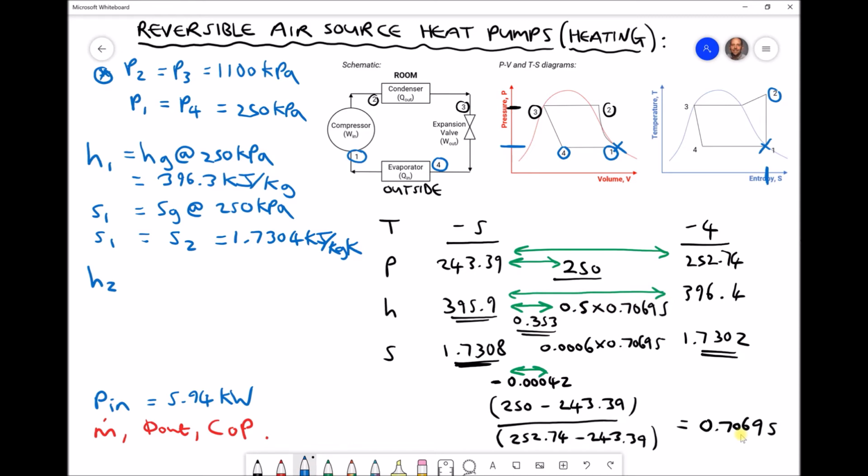Well, if we refer to our temperature entropy diagram, we know that position 2 is superheated vapour. So we're going to go to our superheated vapour tables at 1100 kilopascals, and we're going to look up our entropy of 1.7304 in order to determine the corresponding enthalpy value.